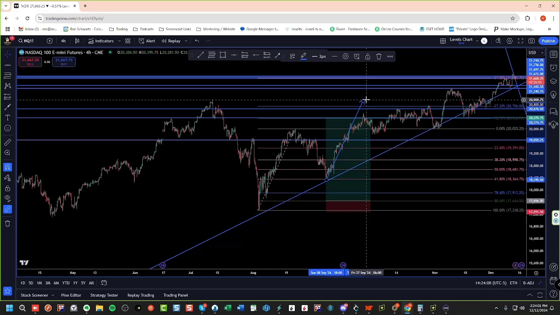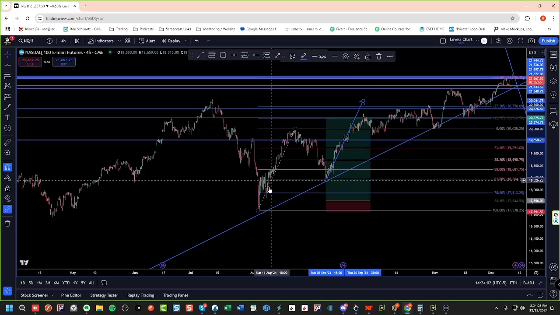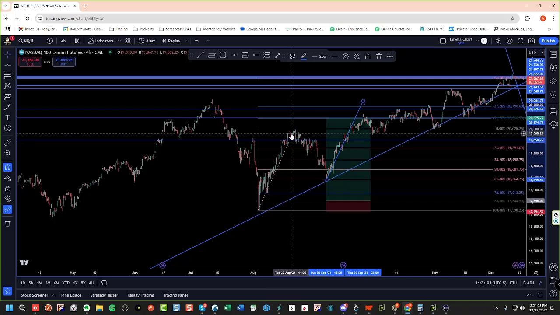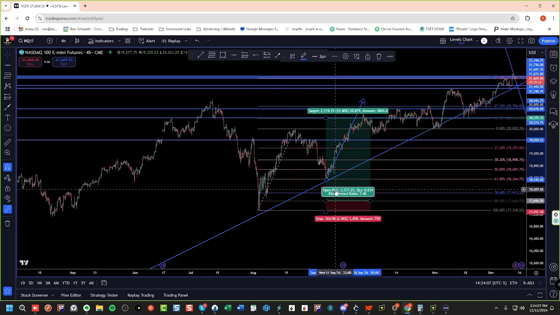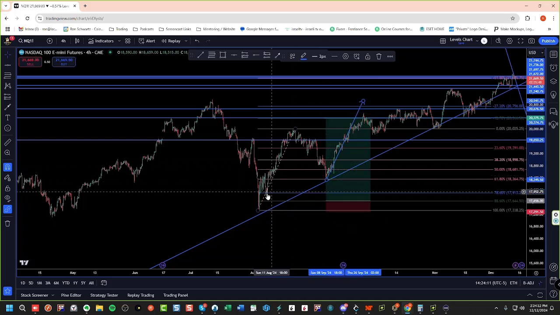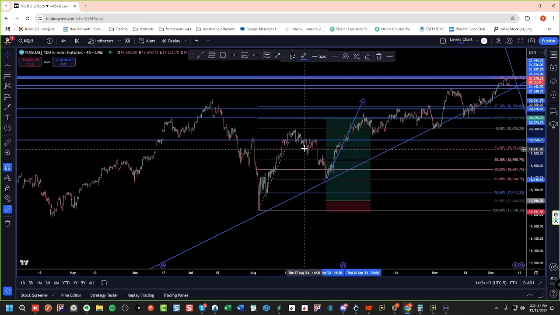Whatever your A to B point, whatever that move was upward, after it's done its retracement to its deepest point, you can expect it to go at least the distance that it went in the original move.